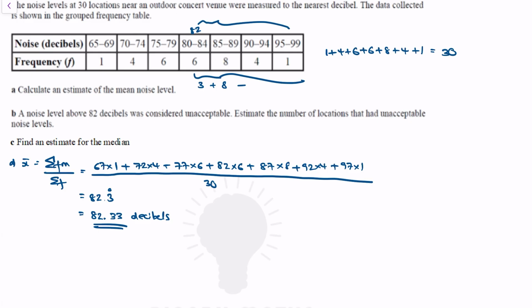So B is 3 plus 8 plus 4 plus 1, which is equal to 16. As 82 is in the middle of 82 to 84, 3 of them are 82 and above, if we look at it proportionately.